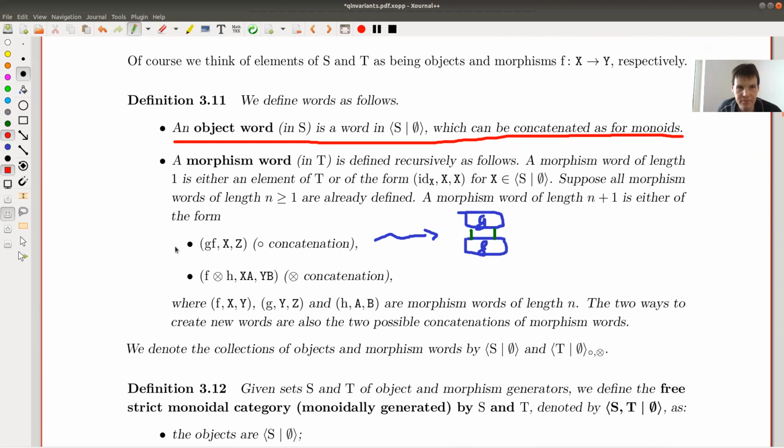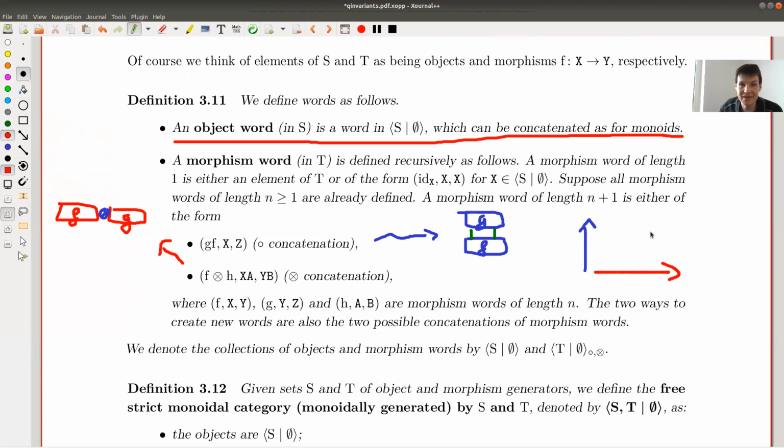Or you can have your predefined morphism f, and you do this recursively, and you have g, and you stack them together in this way, and you have a new morphism f tensor g. So if you think about it, on objects you concatenate along the line, and on morphisms you can concatenate in this direction and in this direction.